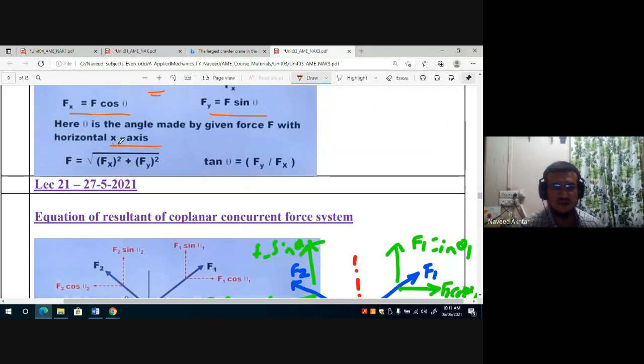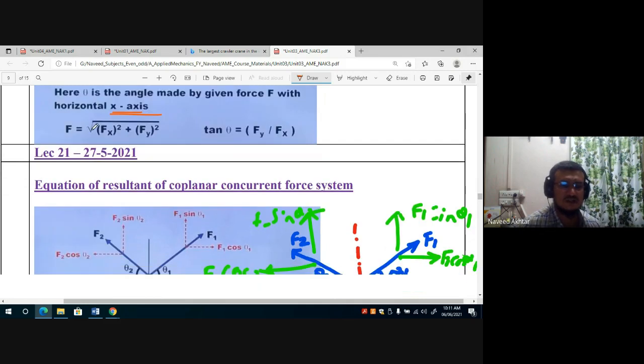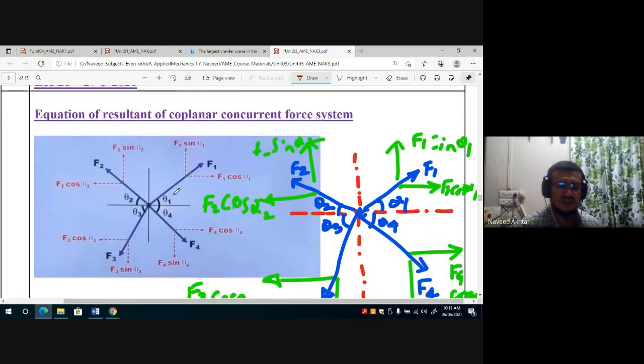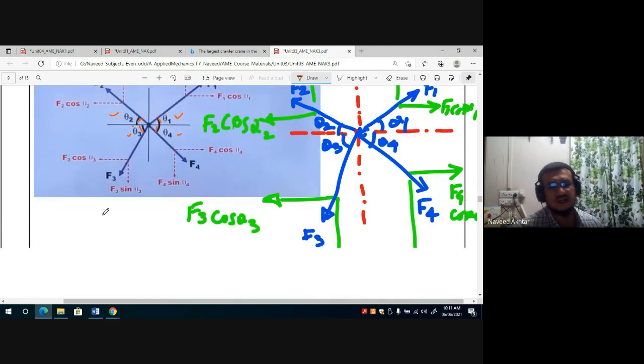That should be remembered: every angle should be measured with the horizontal axis only, that is the x-axis. You can see theta 1, theta 2, theta 3 and theta 4 are all measured with the horizontal axis only. That's why each angle should be denoted with respect to the horizontal axis.